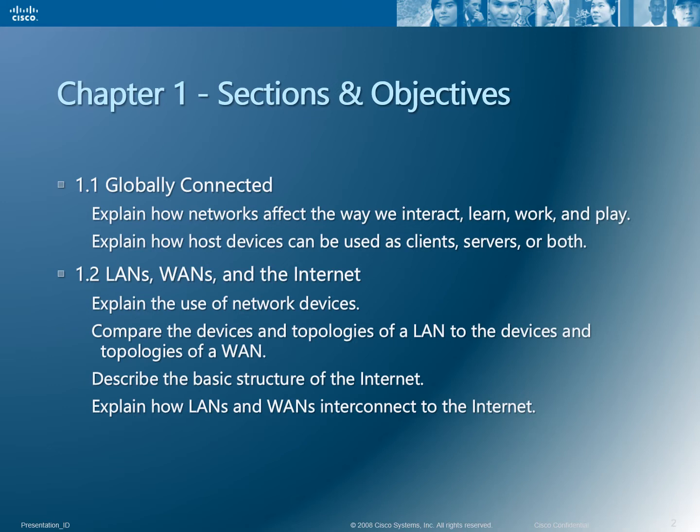We're going to look at the basic structure of the internet, and I'm talking Crayola 8 color basic. We're not going into any kind of depth on that because that is a much more advanced class. And then we'll talk about how LANs and WANs interconnect to form the internet as a whole. A term that I always heard used regarding the internet that I have liked is the network of networks.